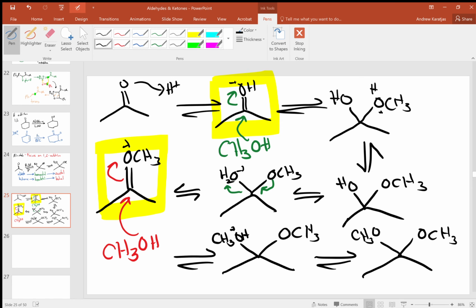Now, you notice every step in this reaction pathway is reversible, and every step here is completely reversible. And so this becomes a reaction that you can control only on the basis of Le Chatelier's principle. And the main piece that you use to control it is right here, is water.